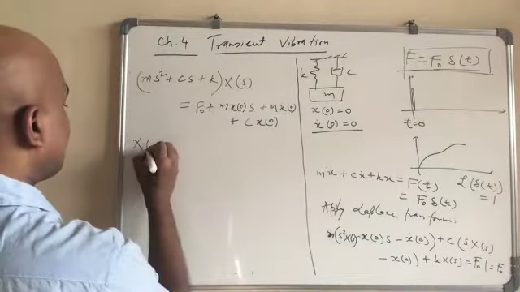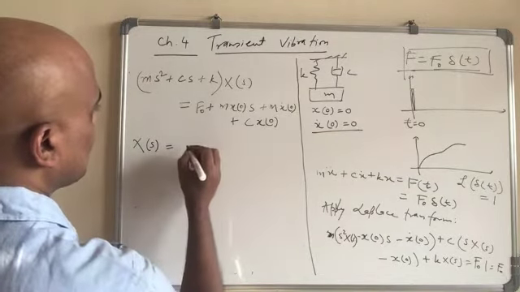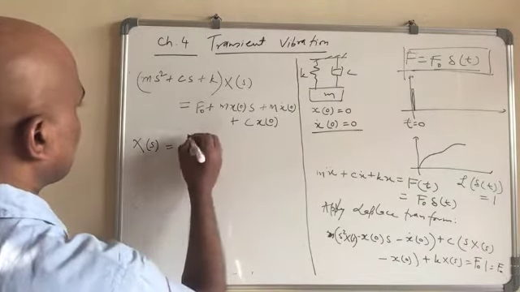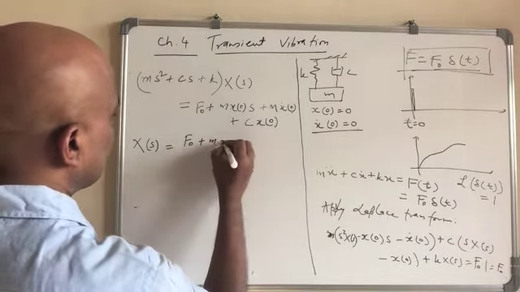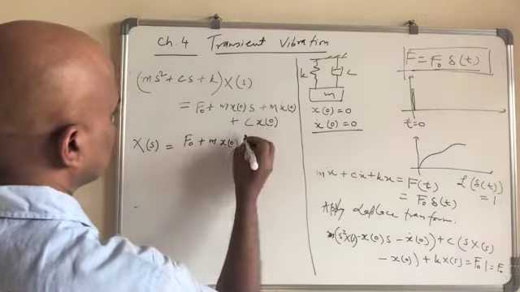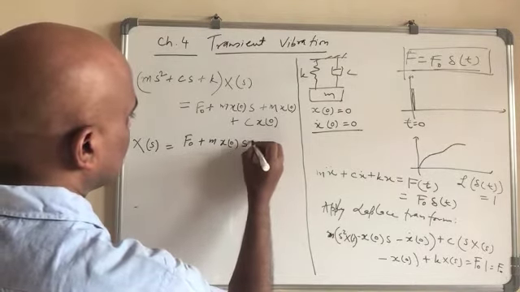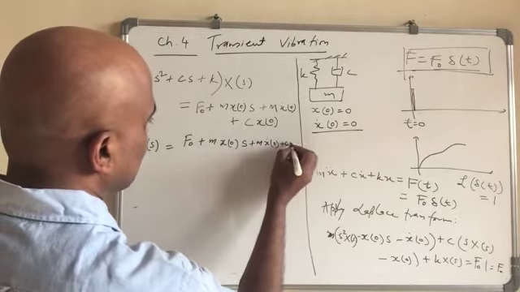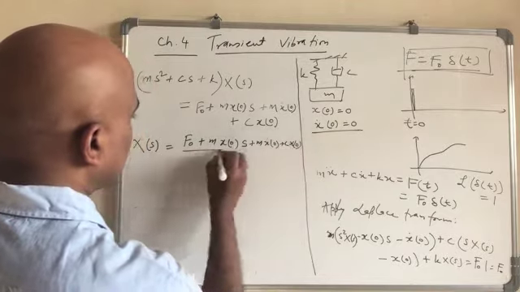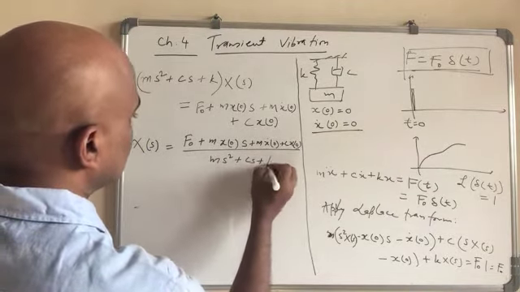Okay, and finally X(s) becomes equal to (F0 + m x(0) s + m x dot(0) + c x(0)) divided by (m s squared + c s + k).